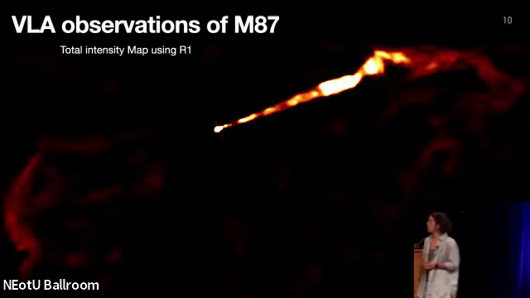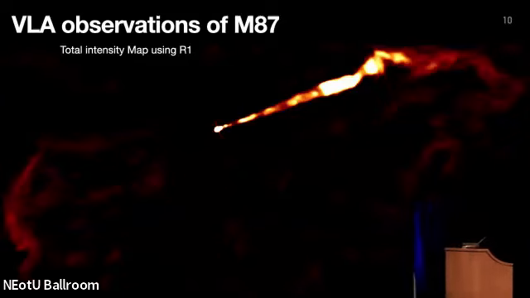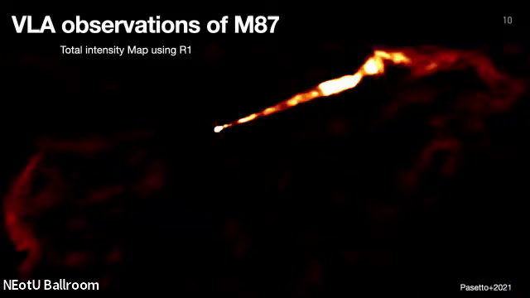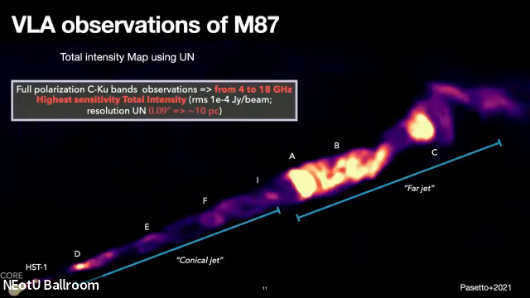We could start to recover the extended emission of the radio lobe of M87, but the results I'm focusing on are based on this image of the total intensity map using uniform weighting.